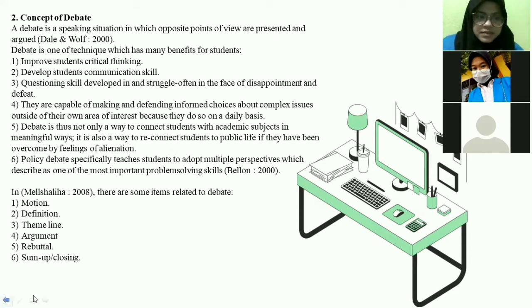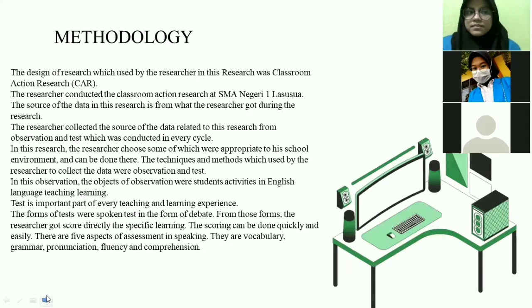Okay, next, methodology. The design of research used by the researcher in this research was classroom action research (CAR). The researcher conducted the classroom action research at SMA Negeri 1 Lasusua.